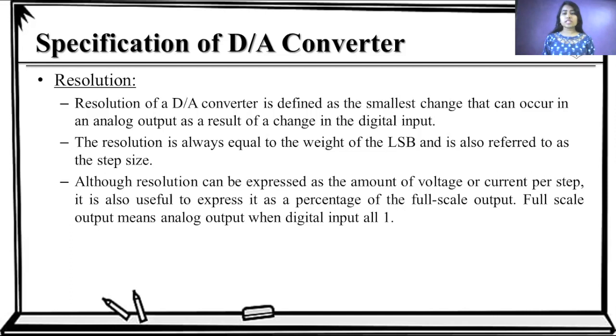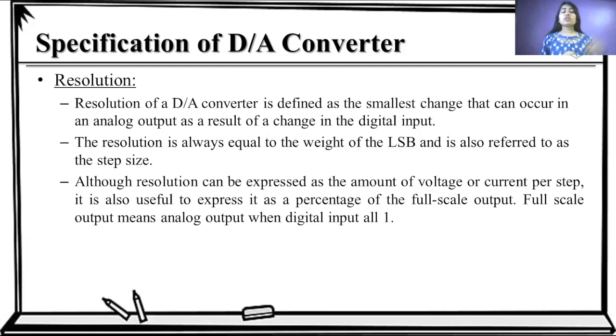Now, what is full scale output? Full scale output means analog output when digital inputs are all 1. For example, we have a 4-bit digital to analog converter, then the analog output is related to 15. Why 15? Because in 15 we have 1, 1, 1, 1, 4 times 1, right?